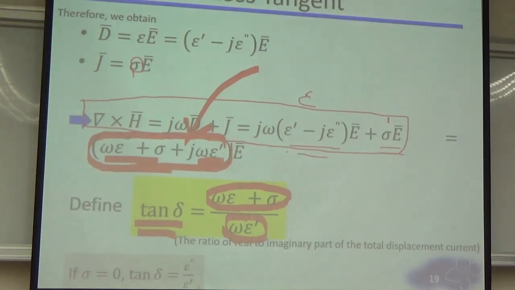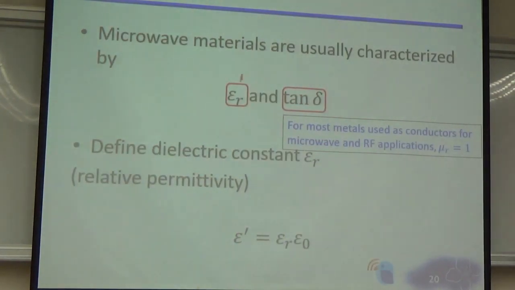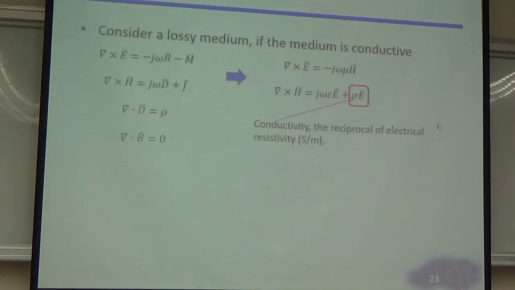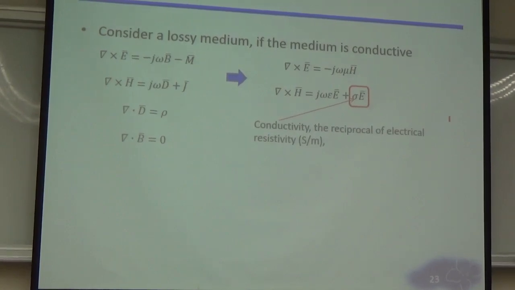To review, we just explained epsilon_r and the loss tangent, and you have some sense of where they come from. After you have a sense of lossy material, you know lossy means your loss tangent is not zero, and then maybe you will have a conductivity.